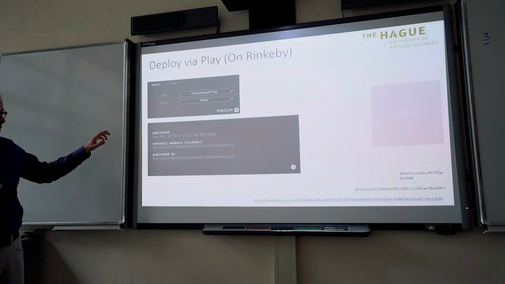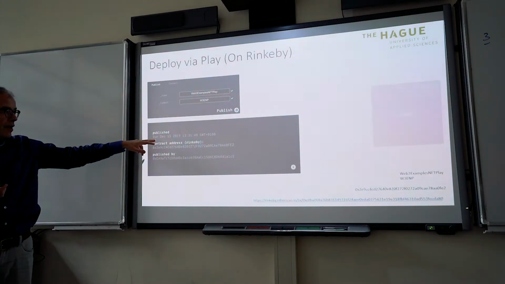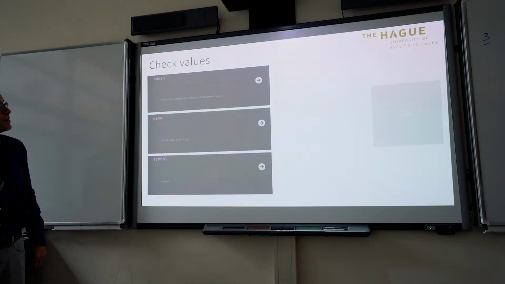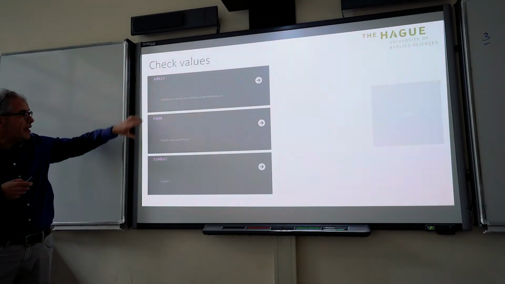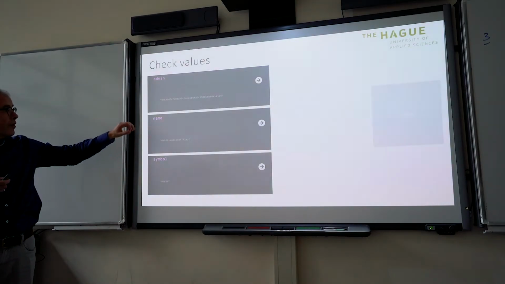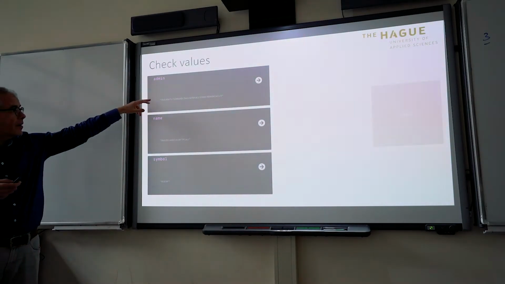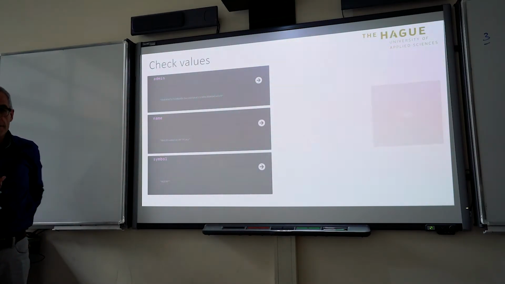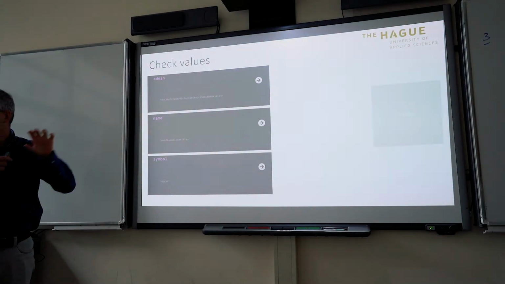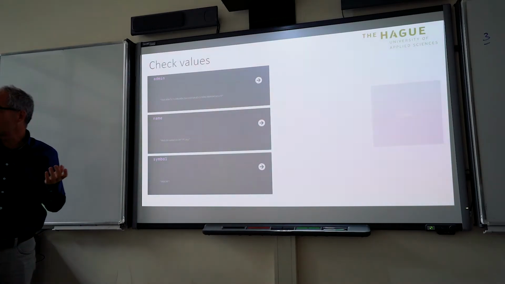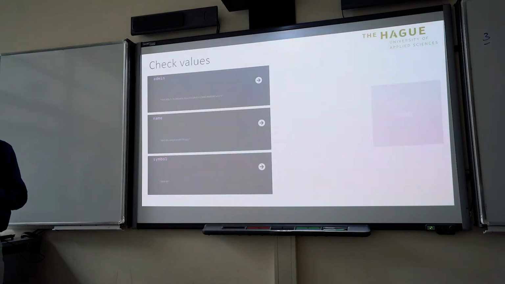And when it's published, you get an address. Now the simple functions are to check the name and the symbol of the contract, and the administrator of the contract. So the administrator is the one who is responsible for the contract and can do more functions and change things in the contract.